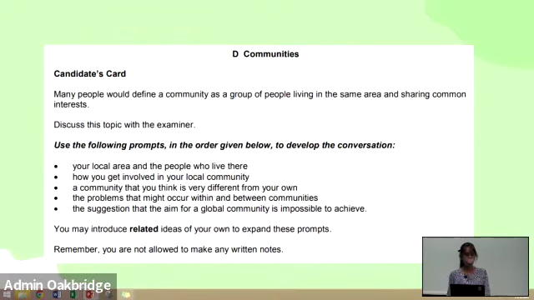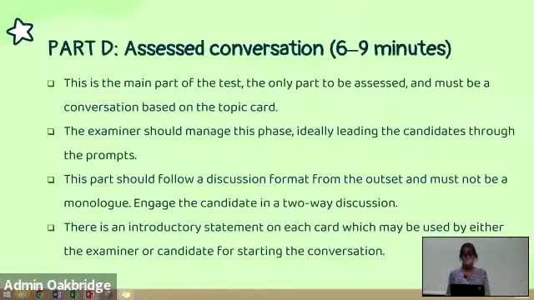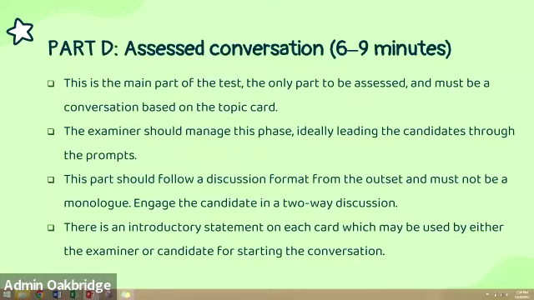Okay, so these are just some examples of topic cards. Just like how I've shown you, we have 10 topic cards that will be provided by Cambridge. Okay, now moving on to part D, the last part of your speaking test, which is the assessed conversation, and this will last about 6 to 9 minutes.